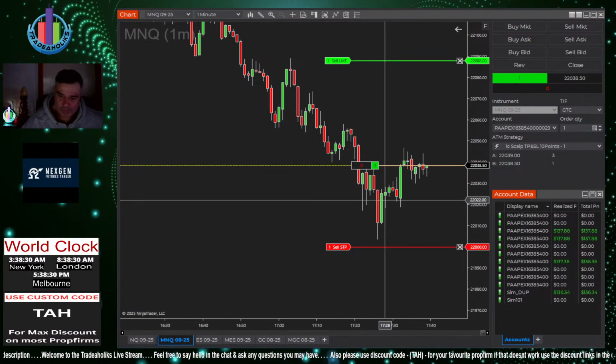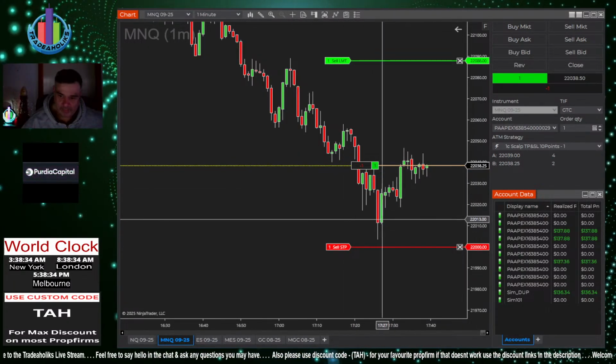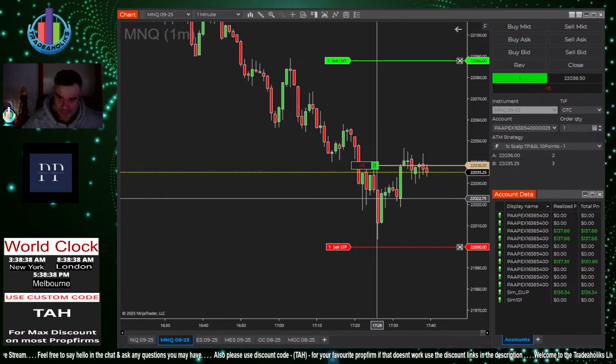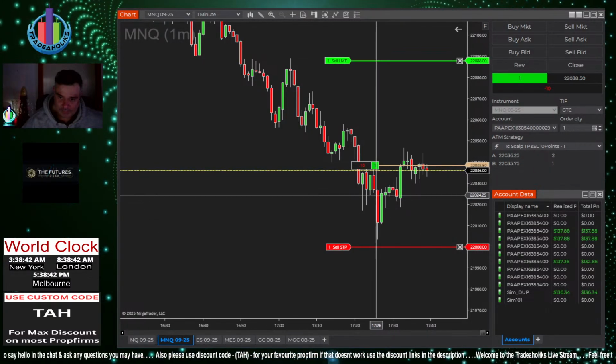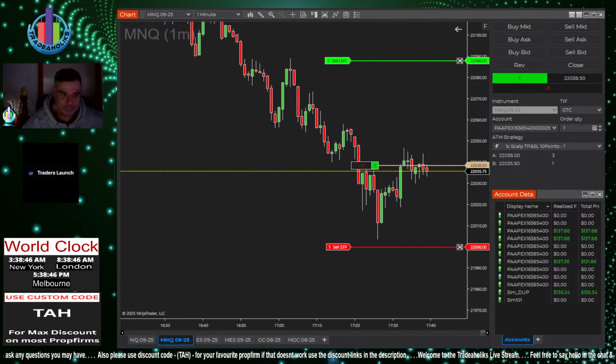Look, it's a good sign because we're seeing a push down and a big push back up. So looking at the 3-minute candle, that's one long wick here. Buyers came in aggressively to push it back up.